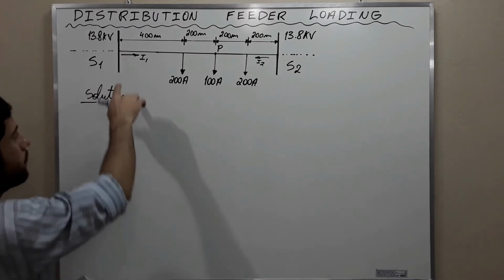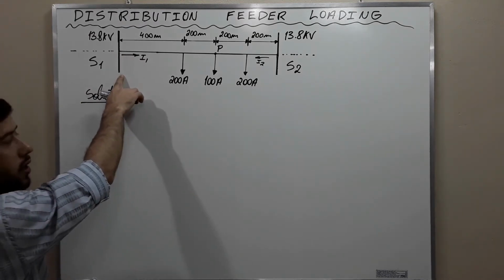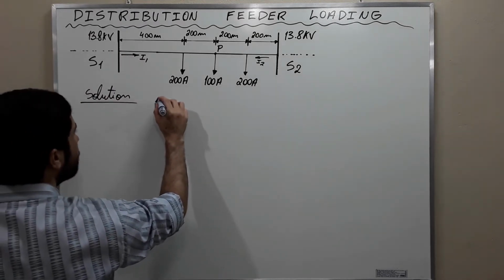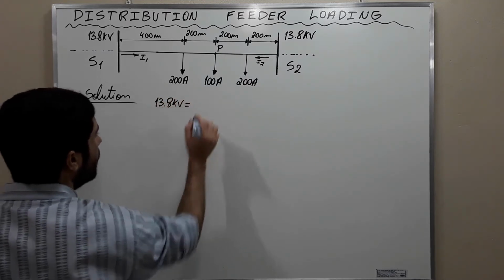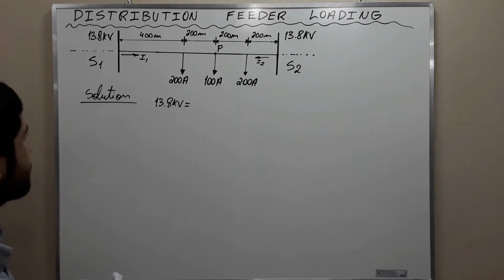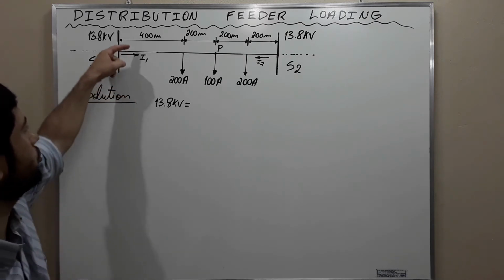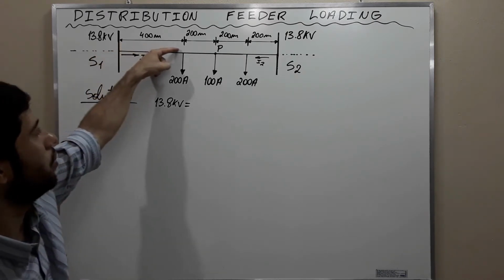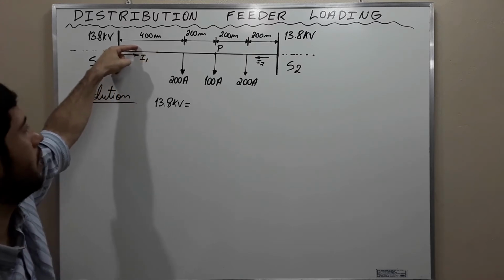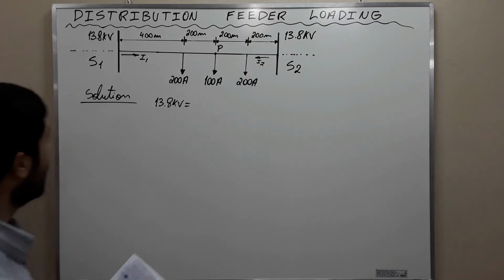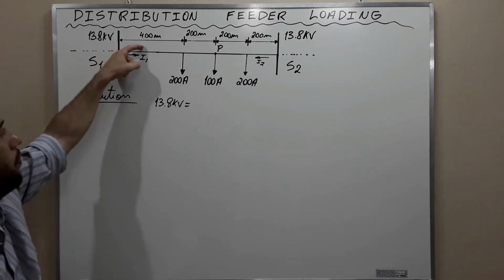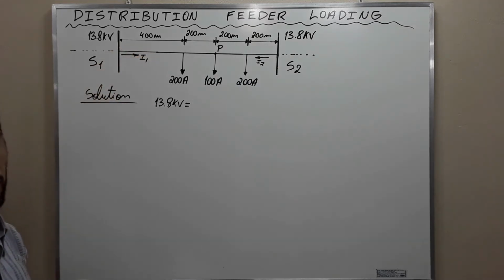13.8 kV is the voltage here, which is equal to the voltage drop along this segment of line. And the voltage drop here is, as we know, resistance times current.